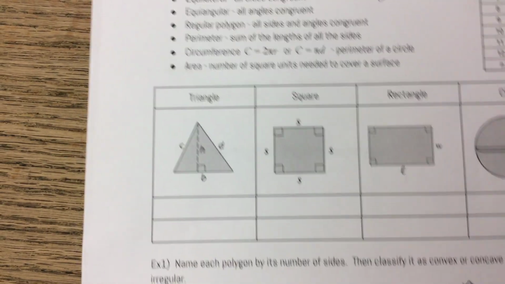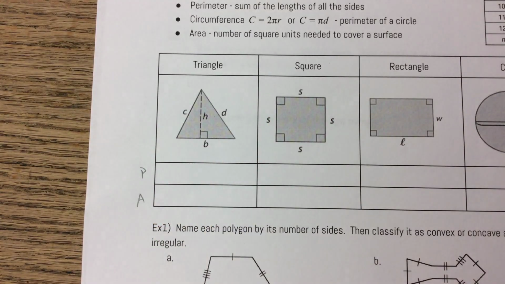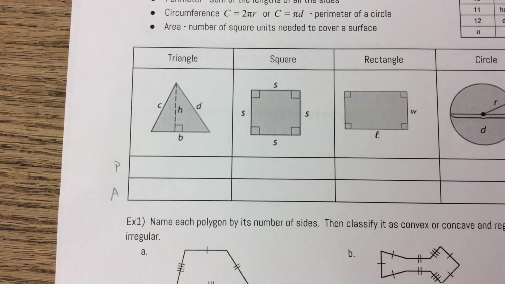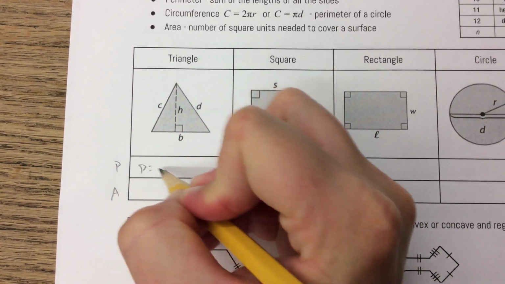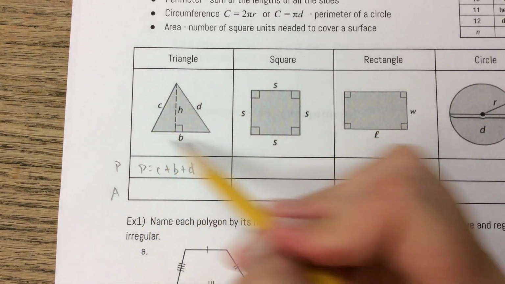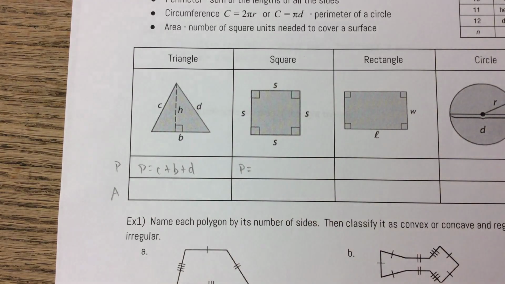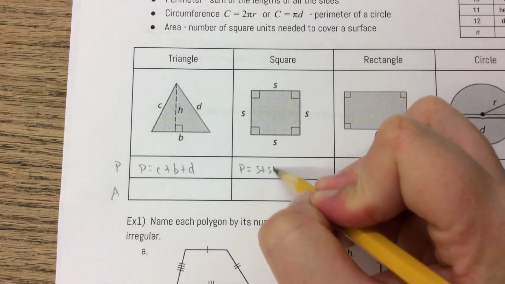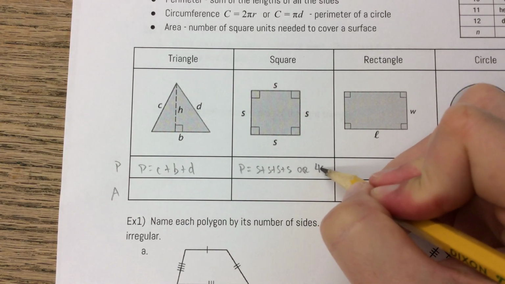Okay, so on here we're going to put perimeter and area formulas for each of these. So the perimeter of this particular triangle would be C plus B plus D, so adding up around the outside. The perimeter of the square would be S plus S plus S plus S, or you could just say 4S.